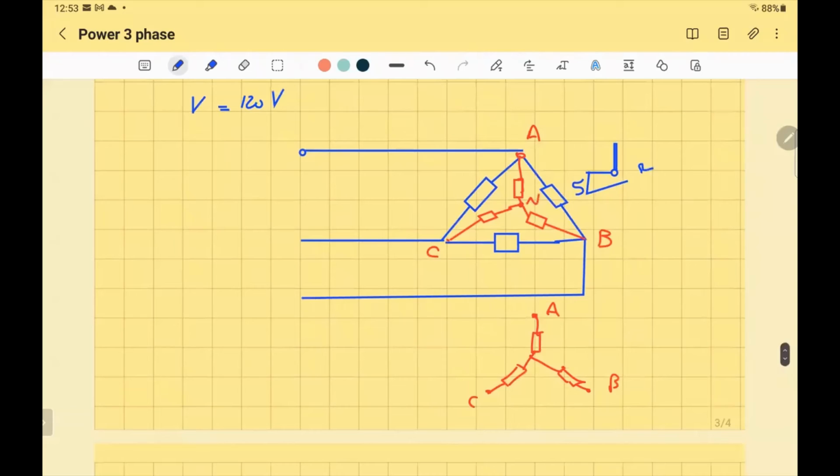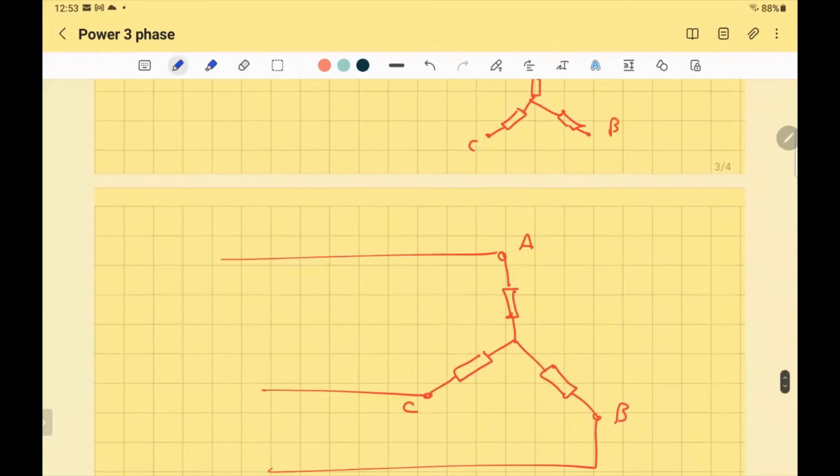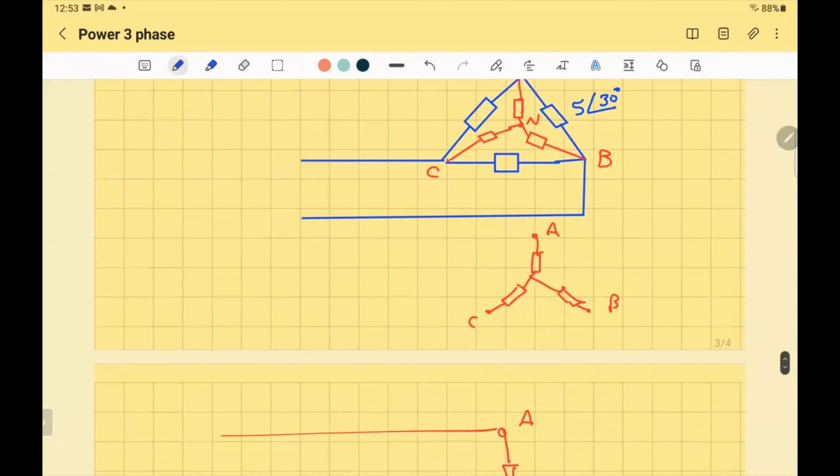Delta is 5 angle 30. It's impossible to say this is 5 angle 30 as well. Not the same. So what you're supposed to do, in circuits 2 you learn how to convert from delta to star, from star to delta, right?